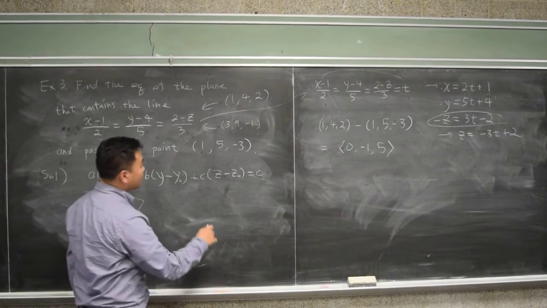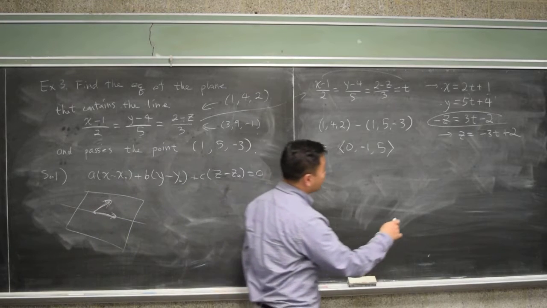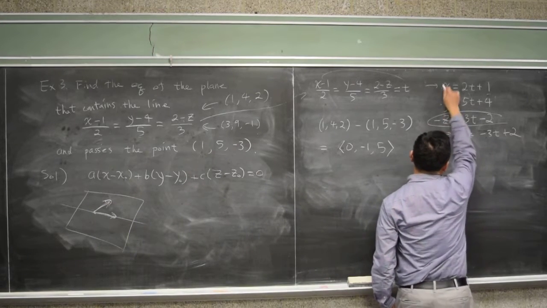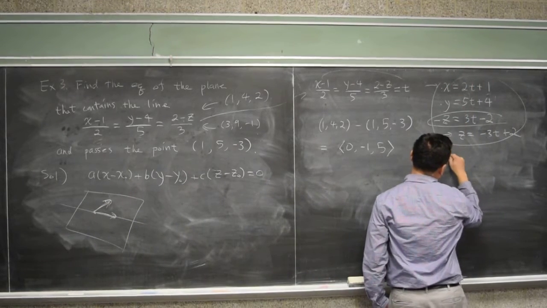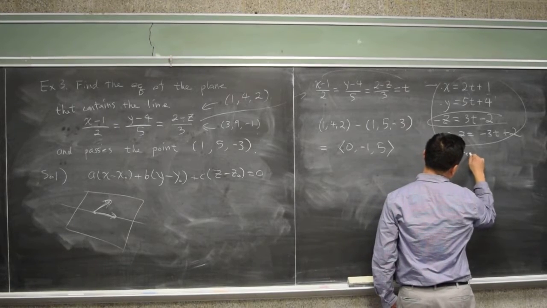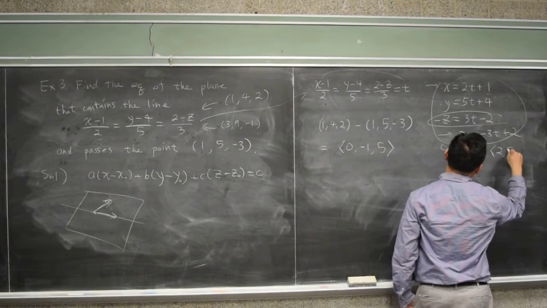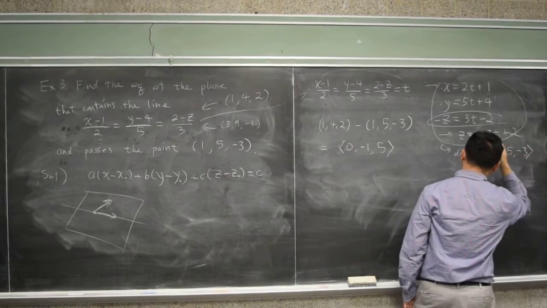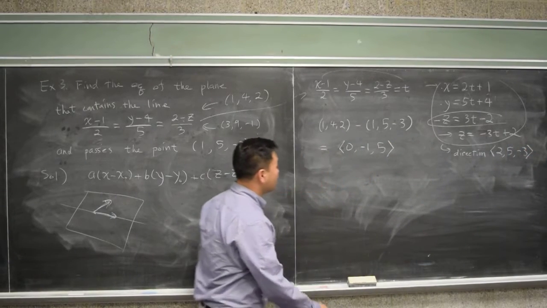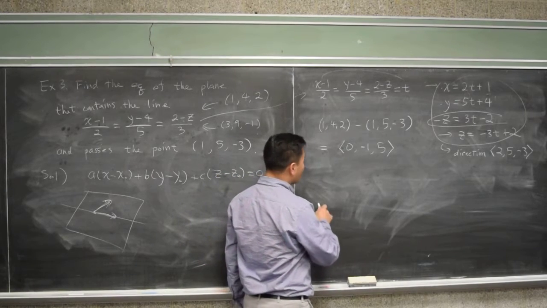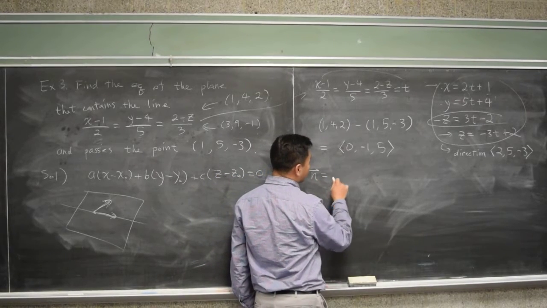So we get this vector, and then the direction of the line, this one has a direction 2, 5, negative 3. Then to find the normal vector, you just take the cross product.